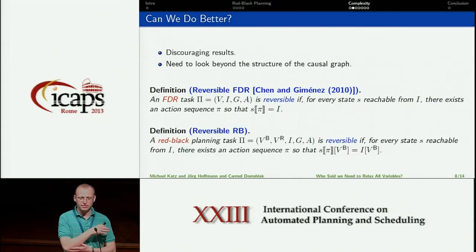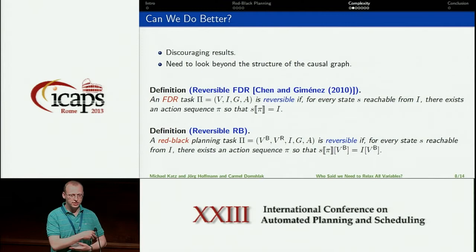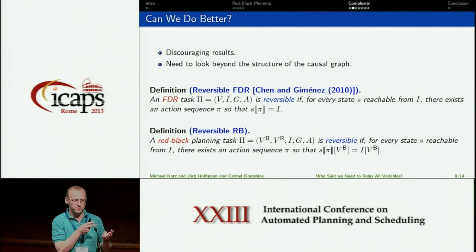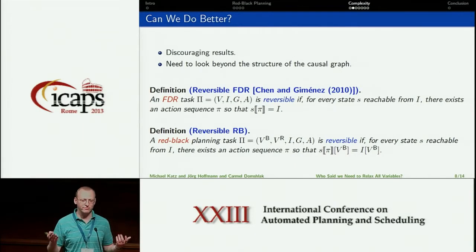So what does it mean in red-black planning? Since you accumulate the red values, it will mean that you will have to take your black values back to the initial state. And for red, you can only get more red values.